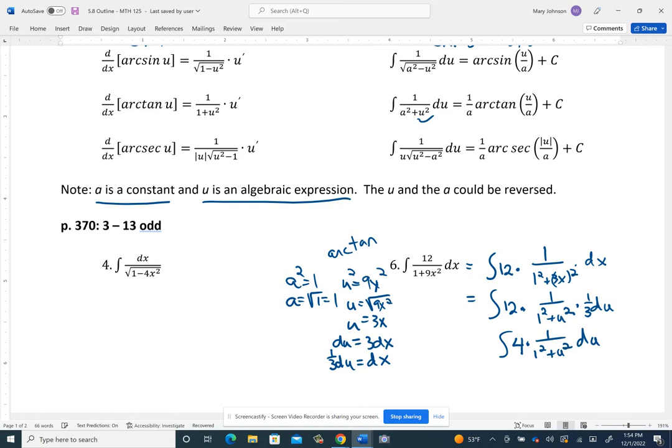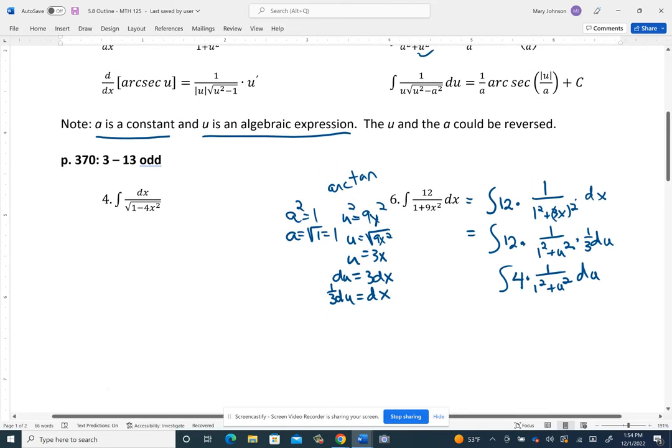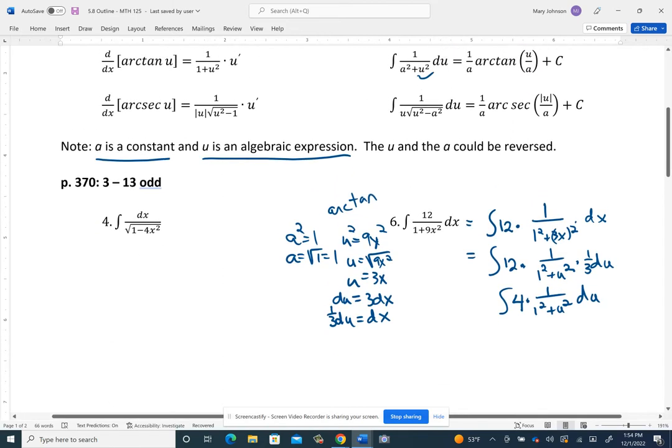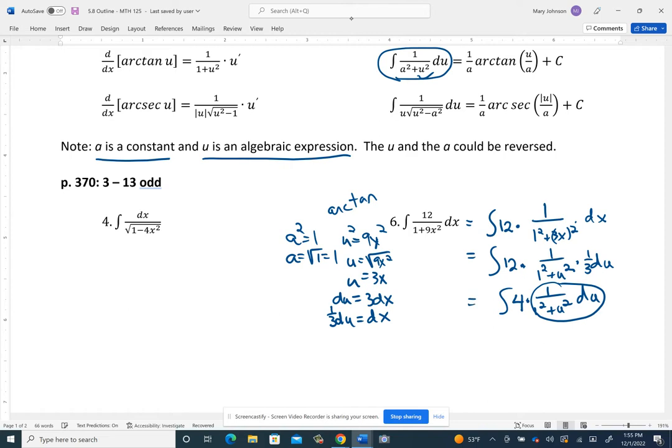Okay, so there I now have taken a little bit of time to get it rearranged and written so that I can compare it exactly to that formula. Do you see right there? There's that formula. All right, so now I'm going to do the integration. The 4 just gets carried along.